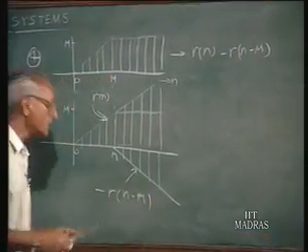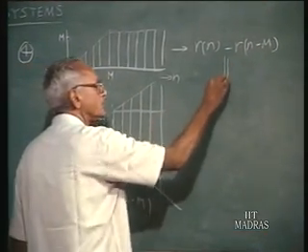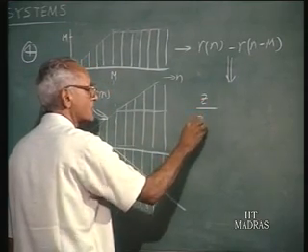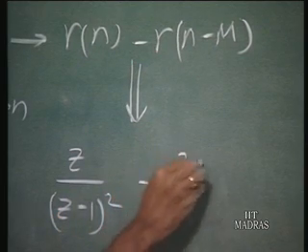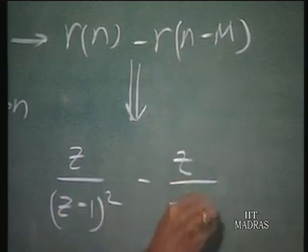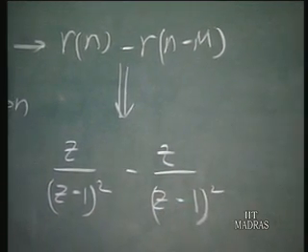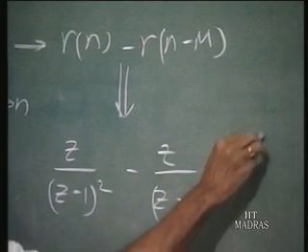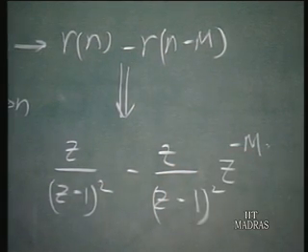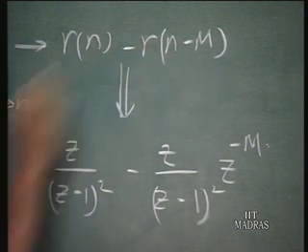So consequently, its z transform would be z upon z minus 1 whole squared minus the z transform of this, which is z upon z minus 1 whole squared, but it is delayed by m sampling instants, so it must be multiplied by z power minus m. So that is the z transform of the second ramp.